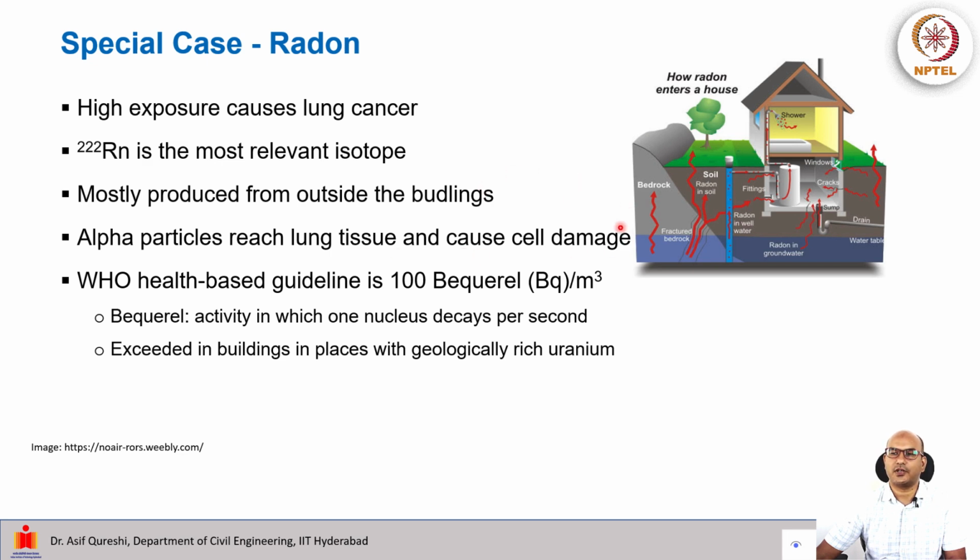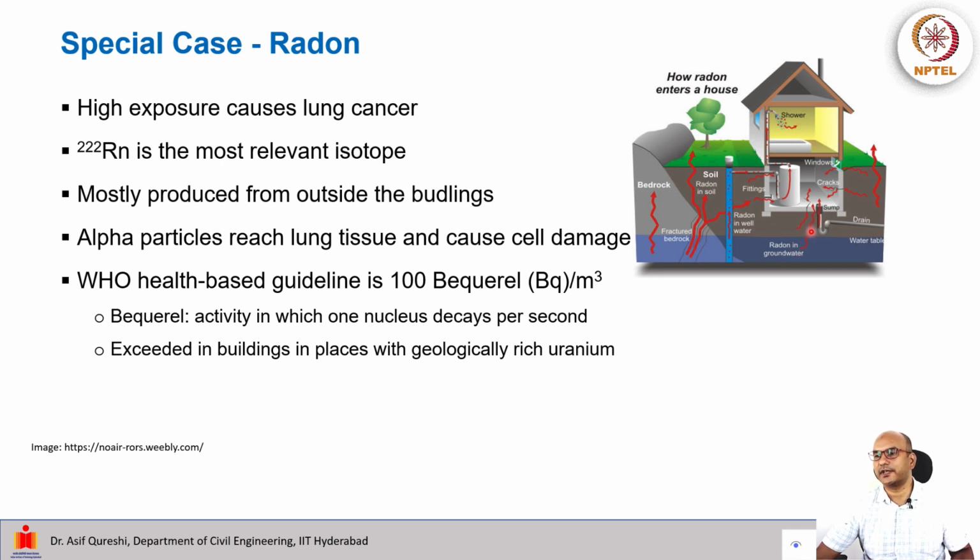Now we have radon, which has a substantial health impact, and this is in soil which is naturally rich in radon. In the aquifer there may be a fractured bedrock. Somehow through these fractures the radon is infiltrating to the basement, and then again through cracks it's coming inside. Sometimes this radon can reach the groundwater borewell, and then through water it comes to our water systems, and when a person takes a shower, the person becomes exposed to radon.